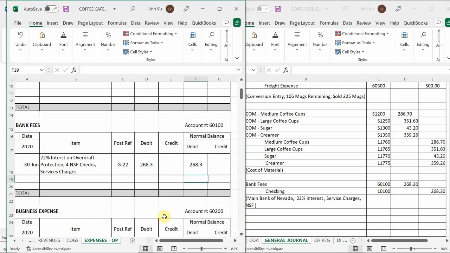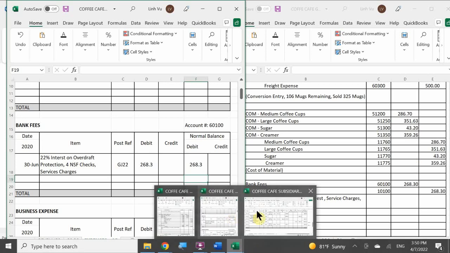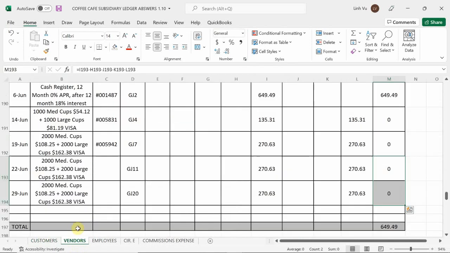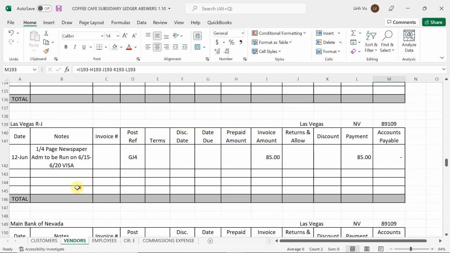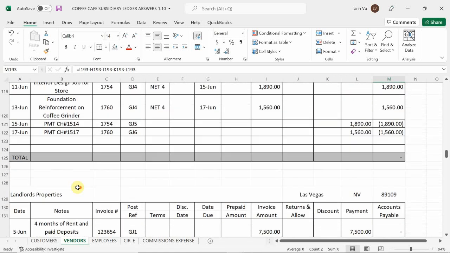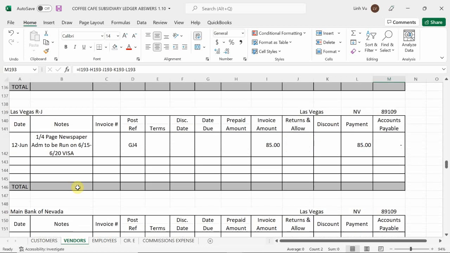Okay, so in this case, you can update the subsidiary ledger if you'd like because these charges came from your main Bank of Nevada, right? So if I go to my subsidiary ledger and I go to my main Bank of Nevada, you're going to see that you have an agreement here, main bank LN, okay?